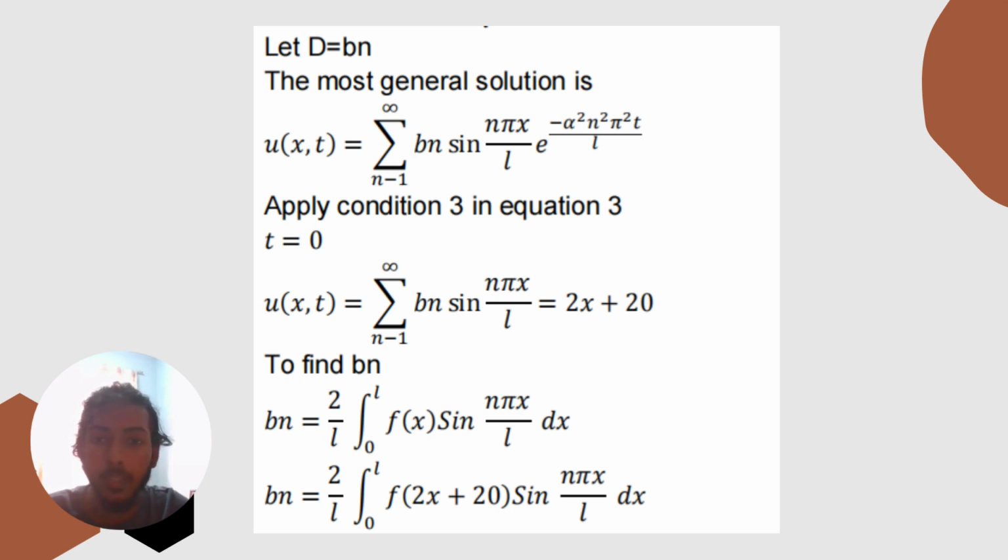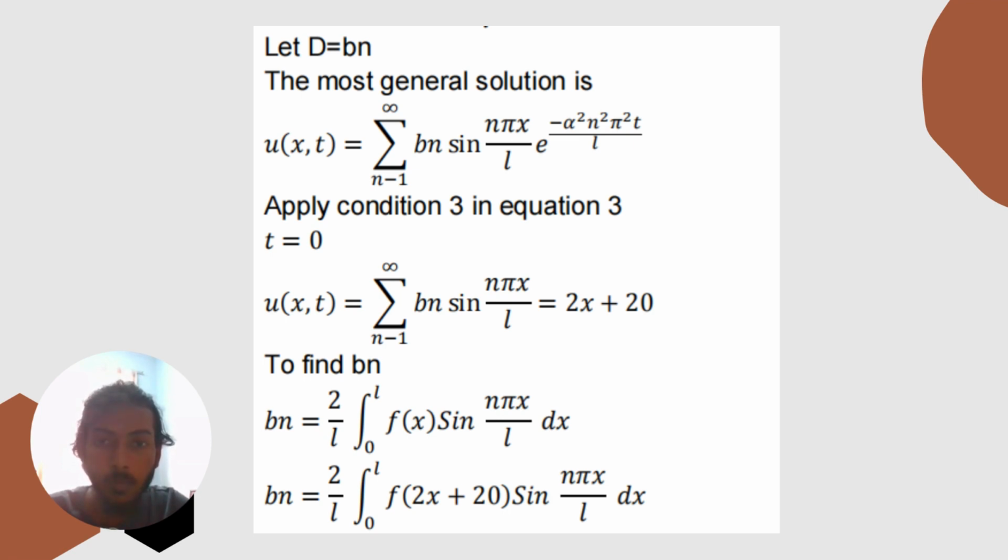So after that, we can apply boundary condition number 3, where at the initial temperature, as Eugene stated before, we found that the equation is 2x plus 20. So we can make a general equation u equal to 2x plus 20.